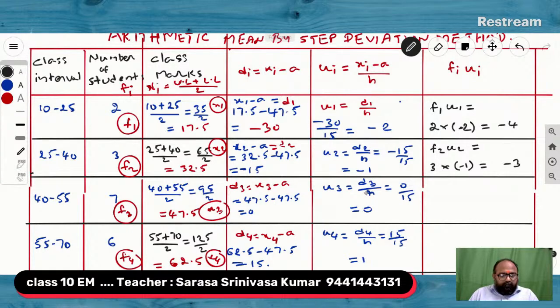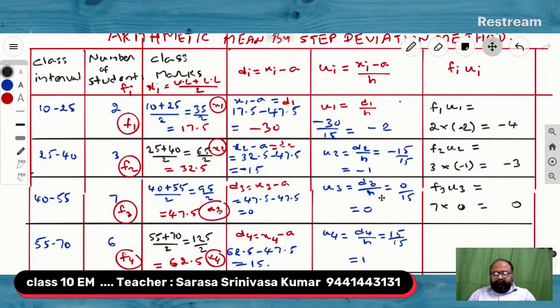Next, F3 U3: the value of F3 is 7, multiplied by U3 which is 0, equal to 0.